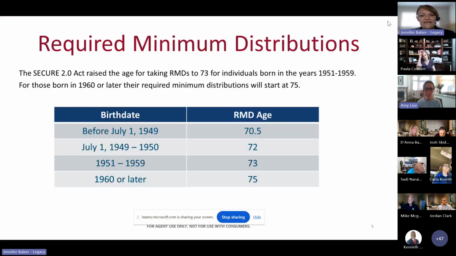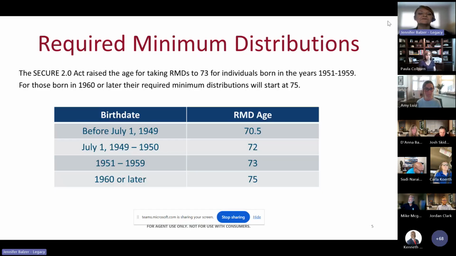Now, I wanted to take a real quick minute to pause and talk about required minimum distributions, because I know that there's a lot of questions surrounding when a person is required to start taking their distributions. So the Secure Act 2.0 raised the age for taking these distributions to 73 years of age for those that were born in years 1951 to 1959.